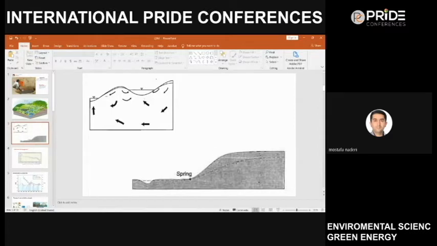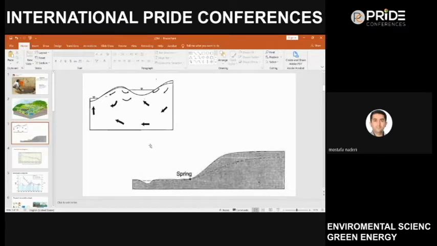But another situation is the emergence of springs. When the groundwater table reaches the surface and contacts the ground surface, such as shown here, groundwater can flow out from the subsurface as a spring, and then it can be used by humans and the ecosystem.